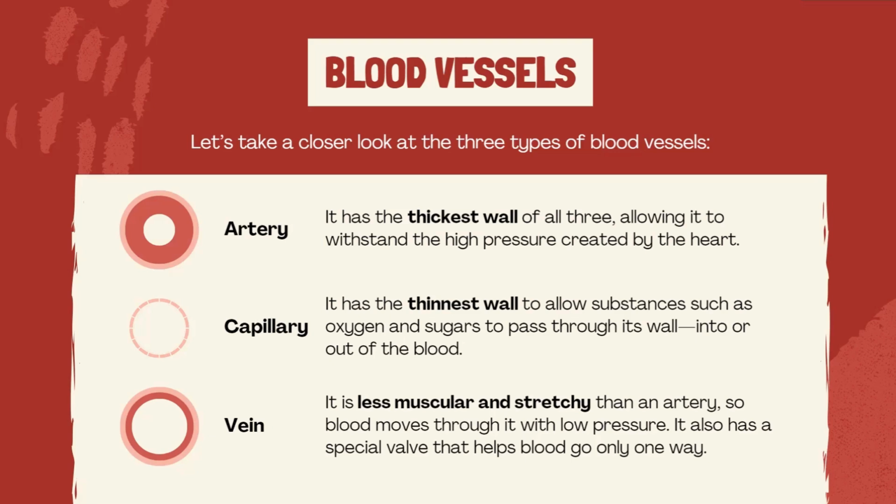A vein is less muscular and stretchy than an artery, so blood moves through it with low pressure. It also has a special valve that helps blood go only one way, meaning the function of that valve is to stop the backflow of blood, to allow blood to only move in one direction.